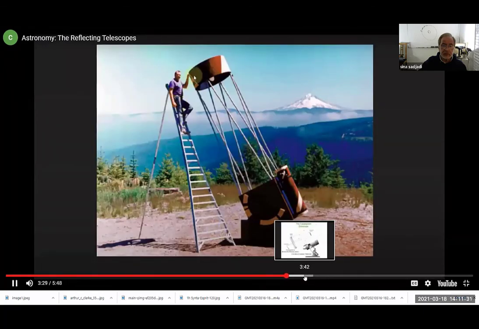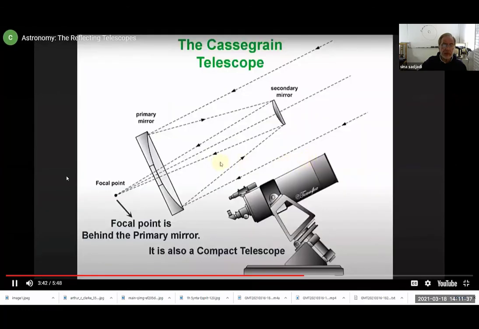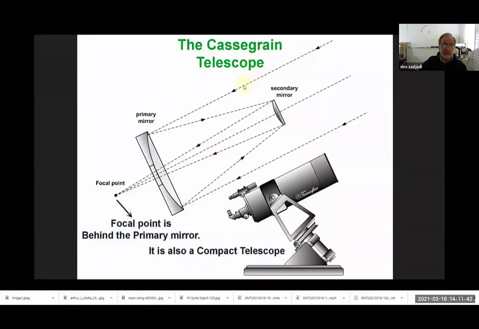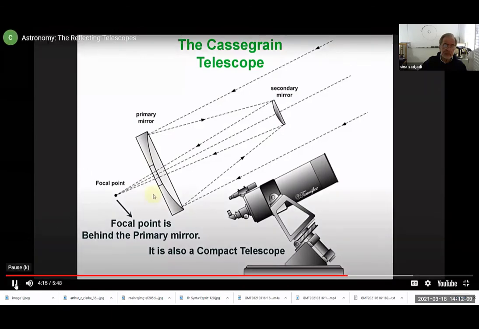You're going to need a ladder like this to reach the eyepiece itself. Very, very inconvenient for astronomers. The Cassegrain telescope is one design that has been favored by professional astronomers because the telescope is very compact and also has the focal point behind the primary mirror or the primary objective of the telescope. This makes it very convenient for installing big cameras and spectroscopes, so you can put a lot of weight behind here, whereas in a Newtonian, it makes the telescope out of balance because you put the weight on.